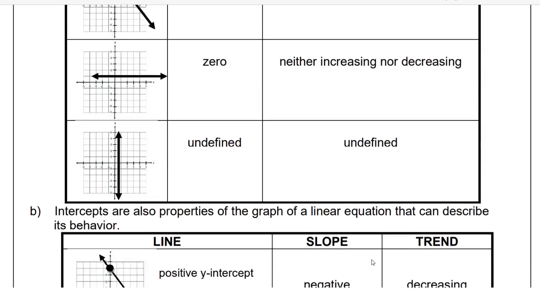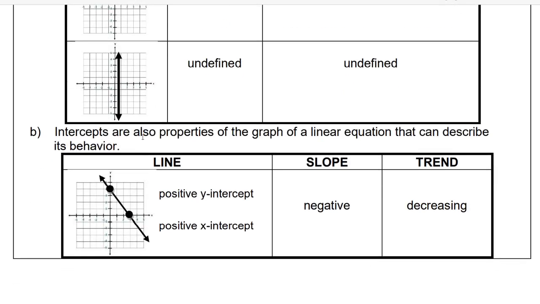Next, intercepts are also properties of the graph of a linear equation that can be used to describe its behavior. Okay, positive y-intercept and positive x-intercept. If you have a positive y-intercept and a positive x-intercept, therefore, the slope is negative and the trend is decreasing. So, meaning yan. Positive ang y-intercept, positive din ang x-intercept. Therefore, the graph is decreasing and the slope is negative.